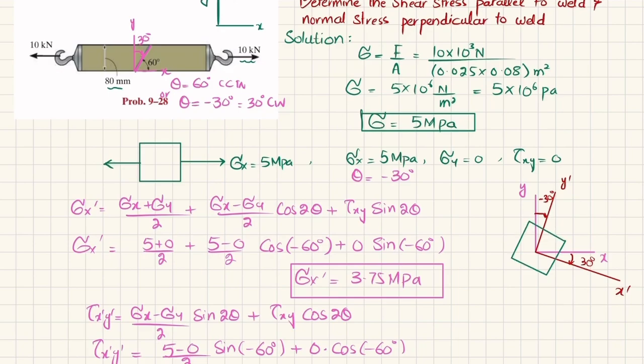Clear? And we will be having the normal stress in the x dash direction, which is positive. So sigma x dash will be like this, and tau of x dash y dash will be like this.